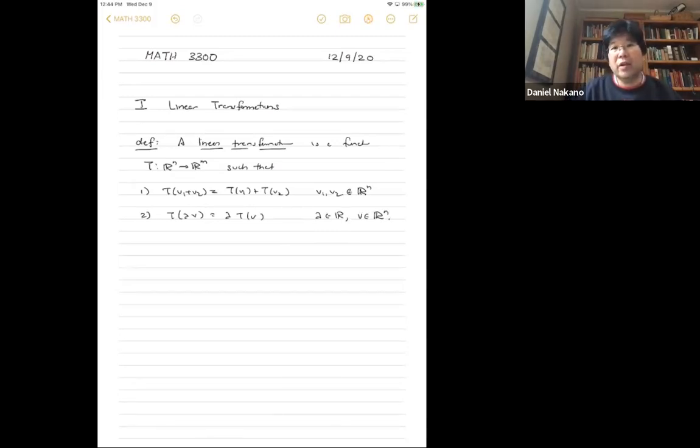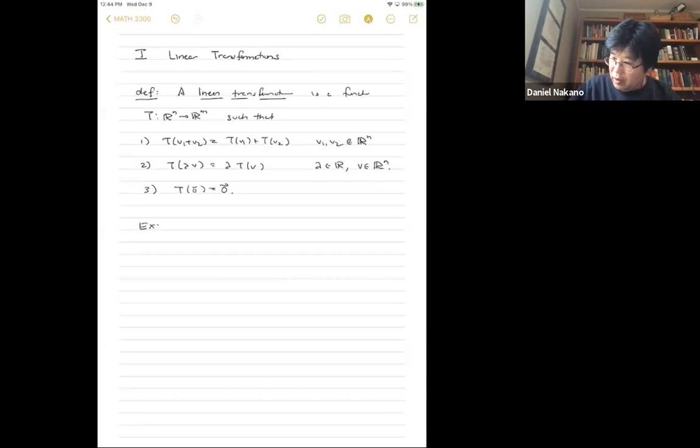So the idea is that we're looking at functions which preserve the vector addition and also the scalar multiplication. And here's a consequence, and you could put this in as a property if you want. If I take the zero vector, it's always going to go to the zero vector too. It follows from 1 and 2, but we sometimes just put it in to make sure we know that it has to take the zero vector to the zero vector.